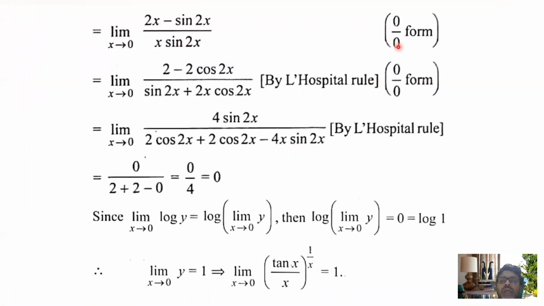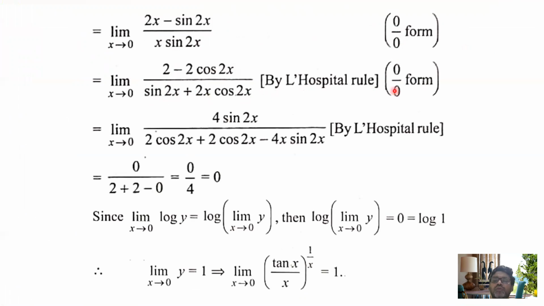Again you have a 0 by 0 form. Then the derivative of the numerator is 2 minus 2 cos 2x, and the derivative of the denominator is 2 sin 2x plus 4x cos 2x.